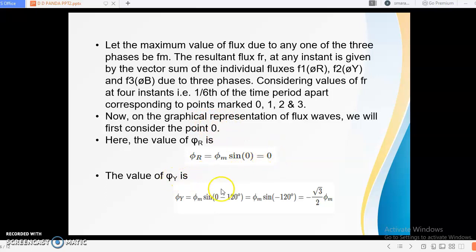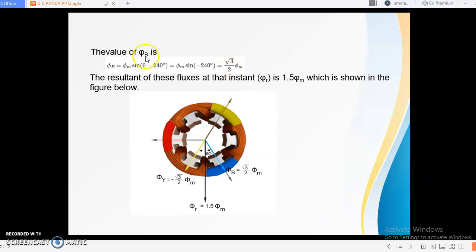Similarly, phi y becomes phi m sin (omega t minus 120), that is 0 minus 120, or phi m sin minus 120 degree, which value is minus root 3 by 2 phi m. Similarly, phi b will be phi m sin (0 minus 240 degree), that is phi m sin minus 240 degree, which value is root 3 by 2 phi m. You can see here phi r becoming 0, phi y is minus root 3 by 2 phi m, phi b is root 3 by 2 phi m.